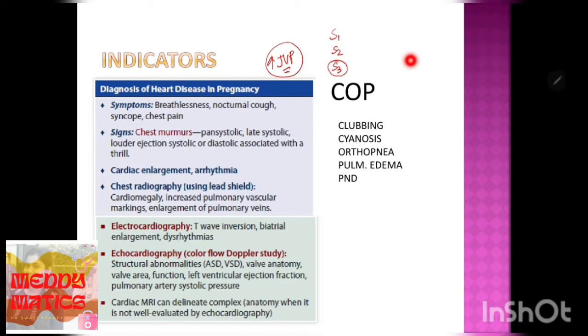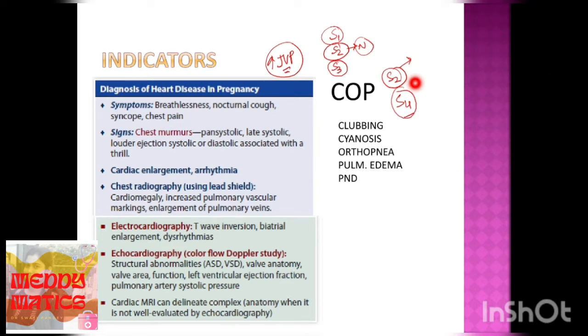S3 is easily heard during pregnancy, and S1 is wide with a prominent split and heard loud. S2 is normal, but in abnormal conditions the S2 sound will be loud with a prominent split, and S4 can be easily heard in heart disease.